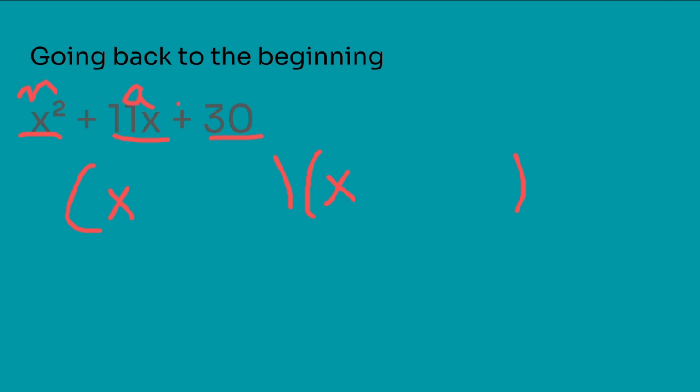And let me just write our little mnemonic here. We know it's going to be additive because neither of the signs here or here are negative, so we know that they're going to be positive. So let's look at 30.